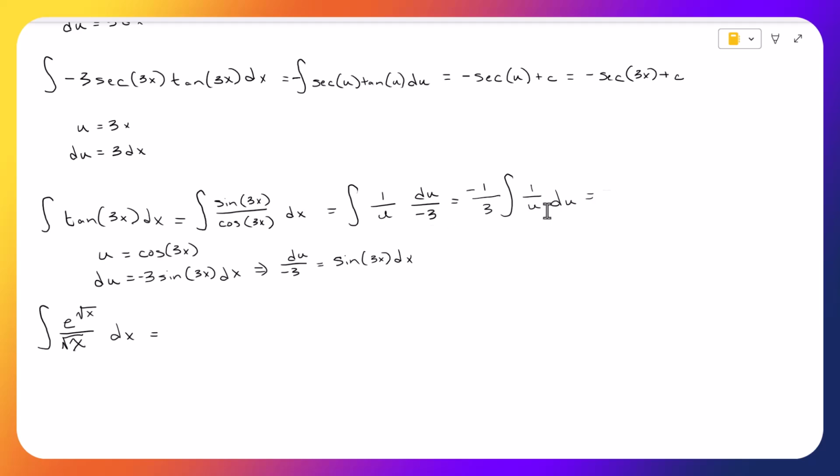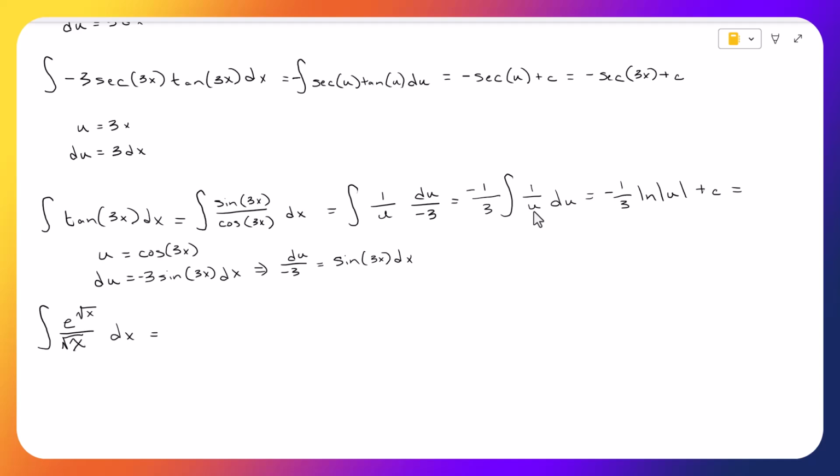And the integral of this is one of our specific integral rules. This is the natural log of the absolute value of u. So we get negative 1 over 3 natural log absolute value of u plus c equals, and now just substitute back in for u.